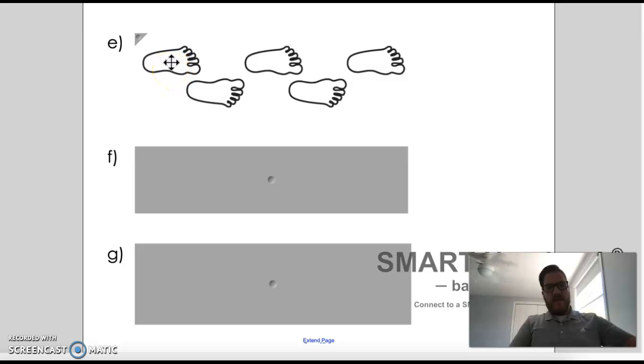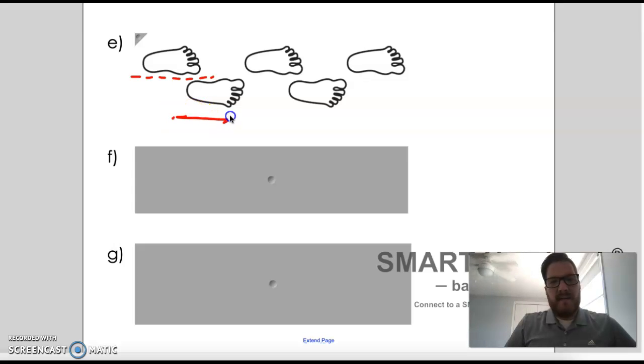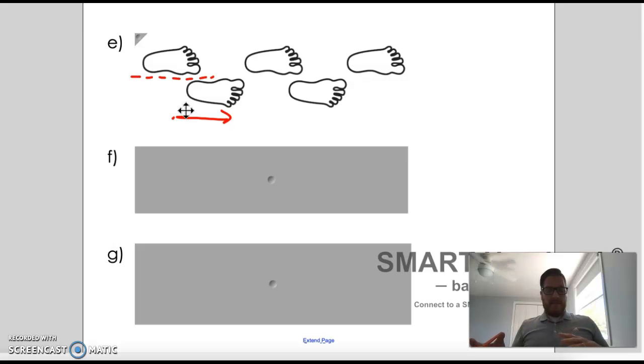You could say it's being reflected, first of all, across a line here, and then it's being translated to the right. So there's actually two things going on here. I'm almost out of time, but you're going to need to identify that basically on 61 and 62. Identify transformations, and then describe them, and then maybe draw some extra ones out. But for now, that's kind of all there is.